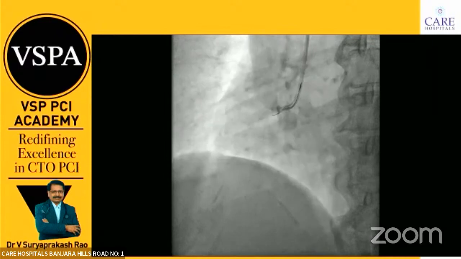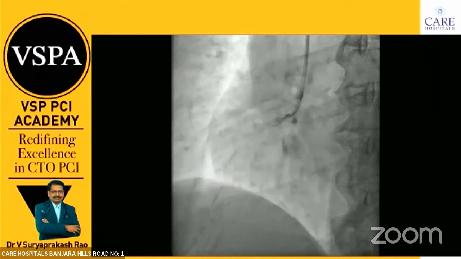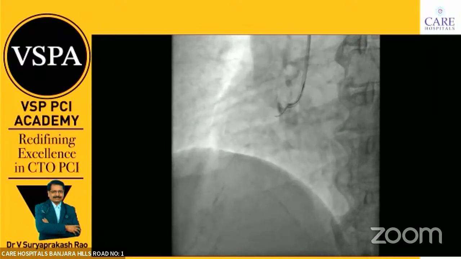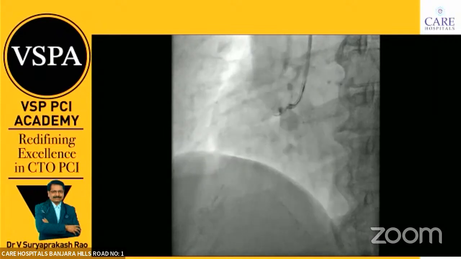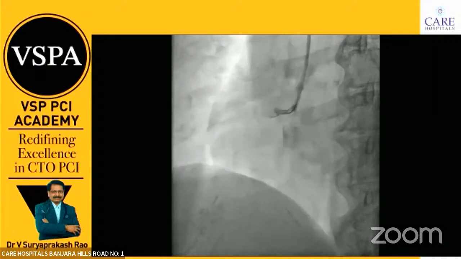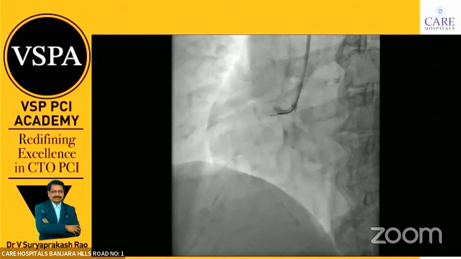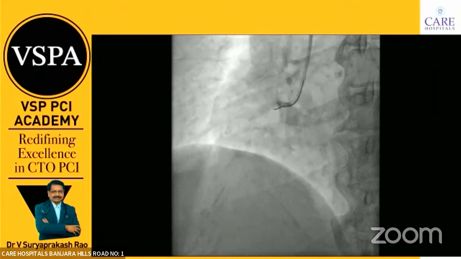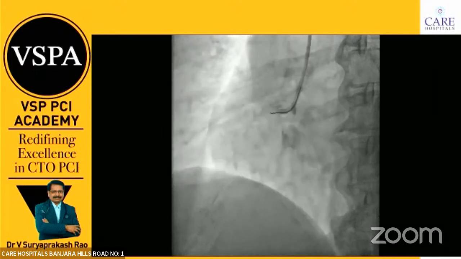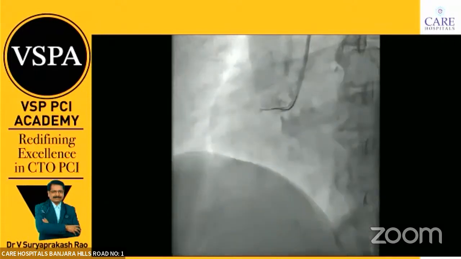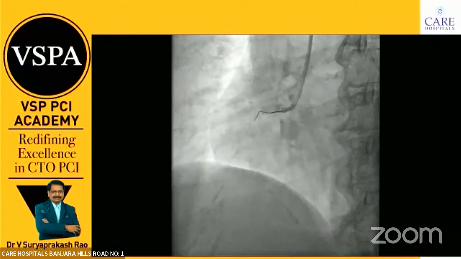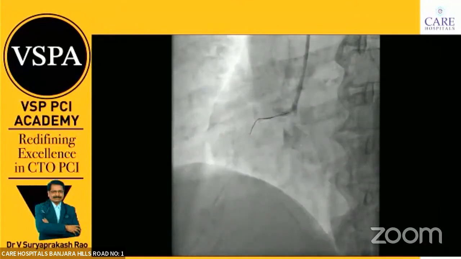Now you can see that we are cannulating, going down with the wire and then advancing the microcatheter. You can see there is a lot of resistance because of the dense calcium. The problem is the CTO segment is very, very hard, and it is from the ostium. Once we cross the CTO segment, the progression of the wire is very rapid.